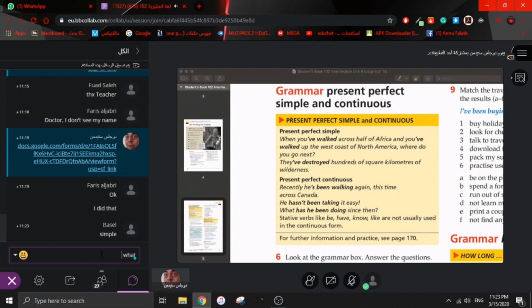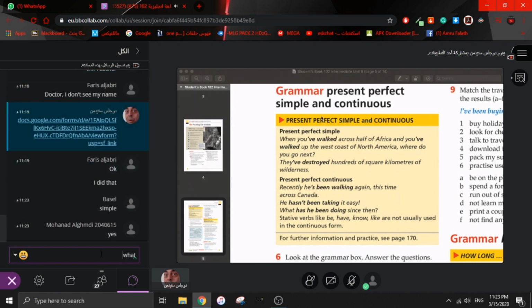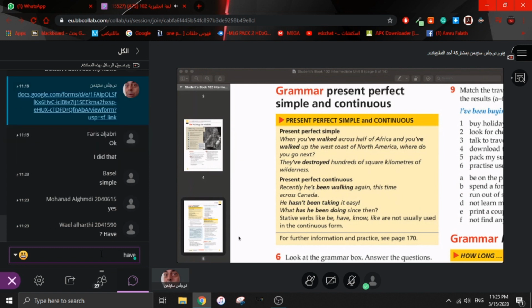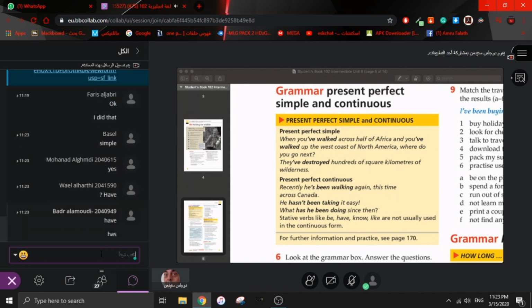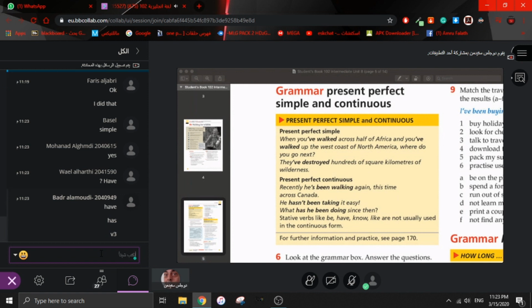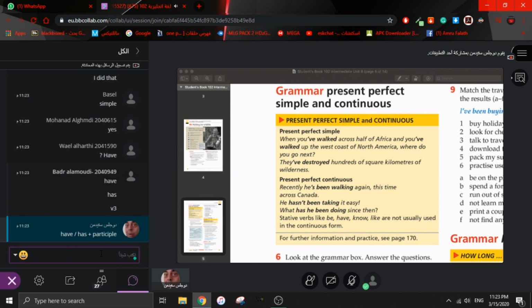Okay, what I'm asking is, in the perfect tense, what verb do we use first? Here we've got he's, they've. So the perfect tense, the easy way to find it is it uses have or has plus the participle, V3 as we call it.